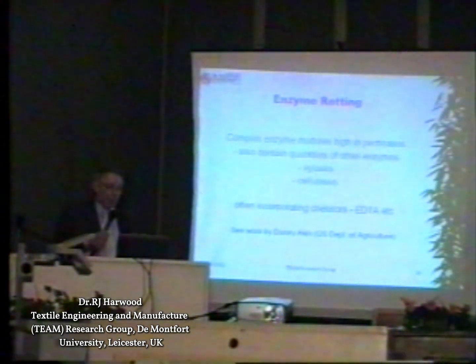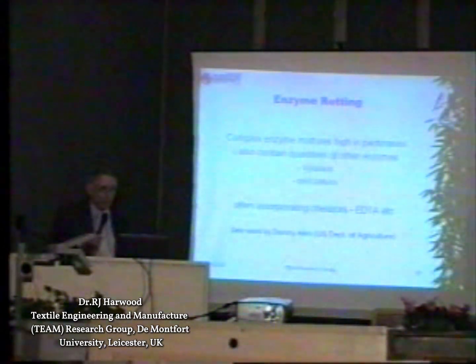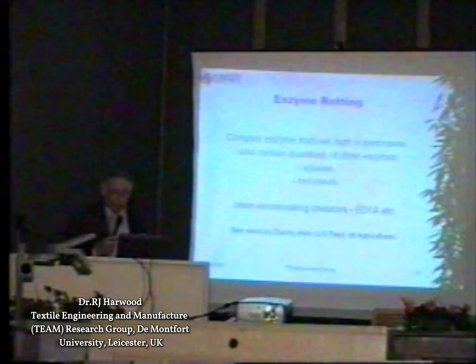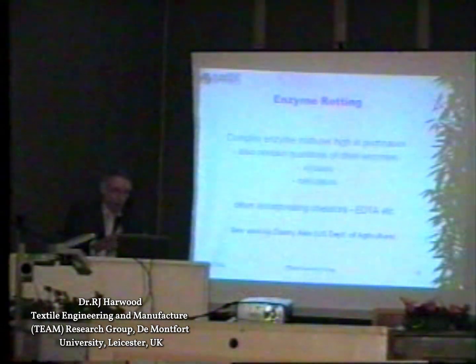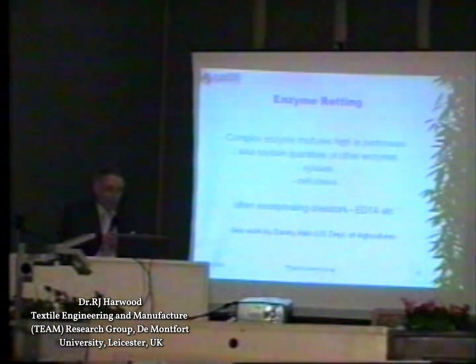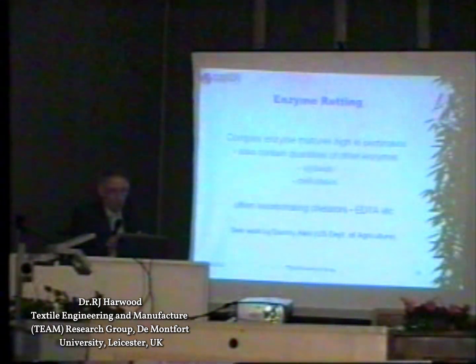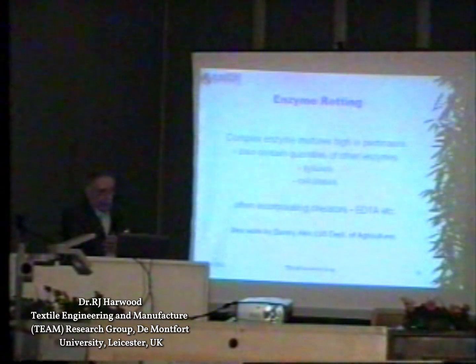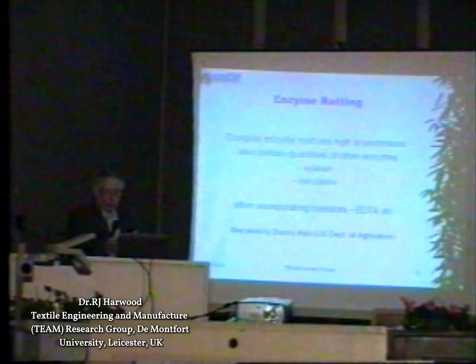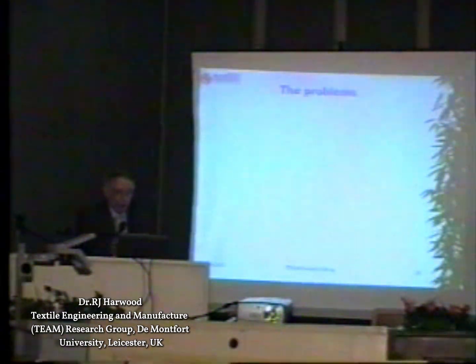And of course, the cellulases in particular will attack cellulose, and this gives us problems, or can give us problems. The optimization of this process at the moment seems to be with the incorporation of EDTA, and if anyone wants to talk about that, I will do so later. But the most extensive publications on this topic are given by Dan Aitken from the US Department of Agriculture, and he's published extensively on this.